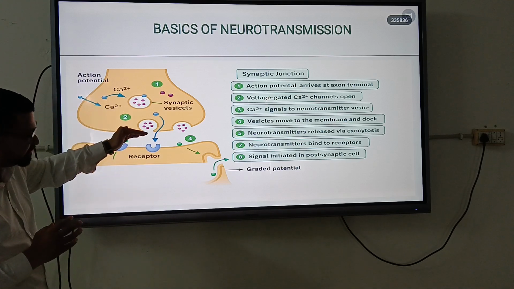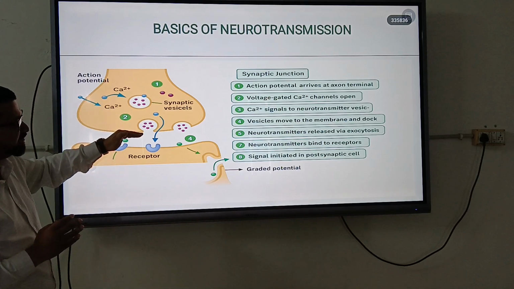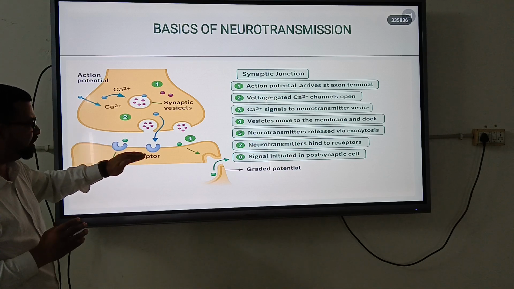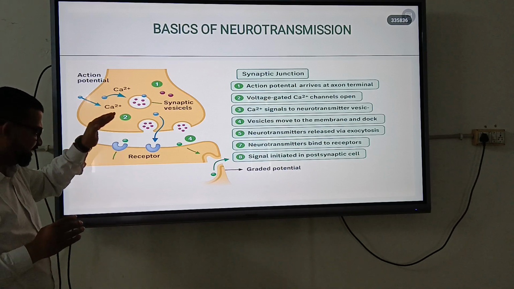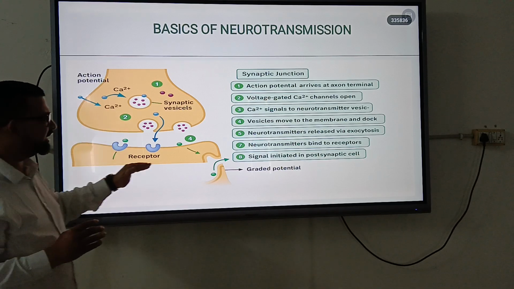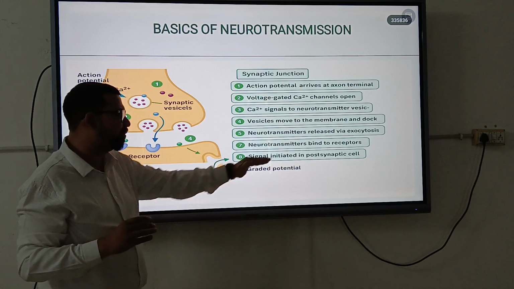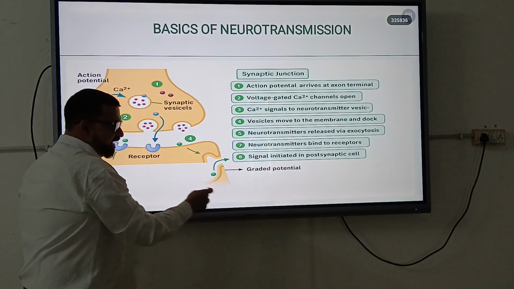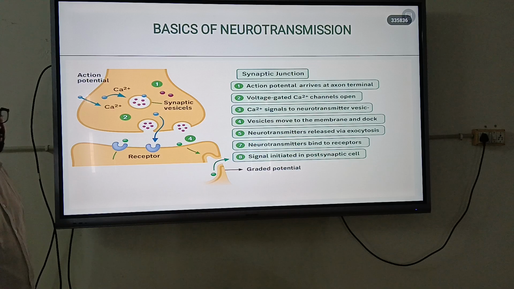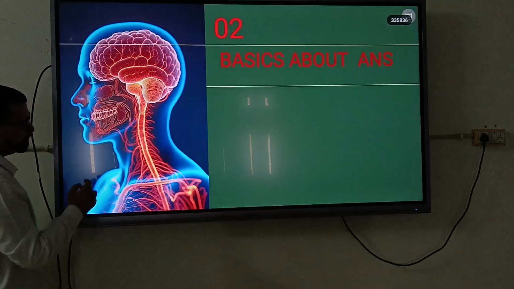The released neurotransmitter binds to the receptor, and due to this binding there is a signal in the postsynaptic cell. We can see this as a graded response.